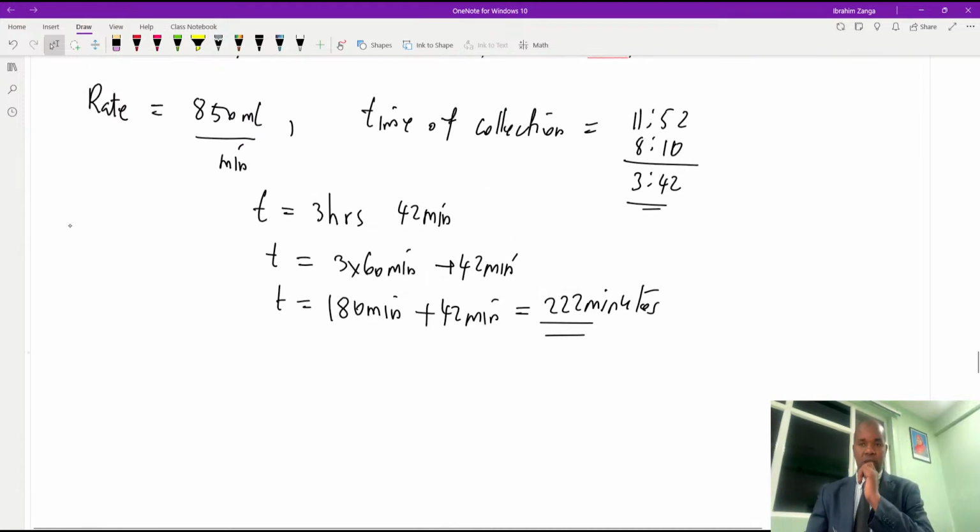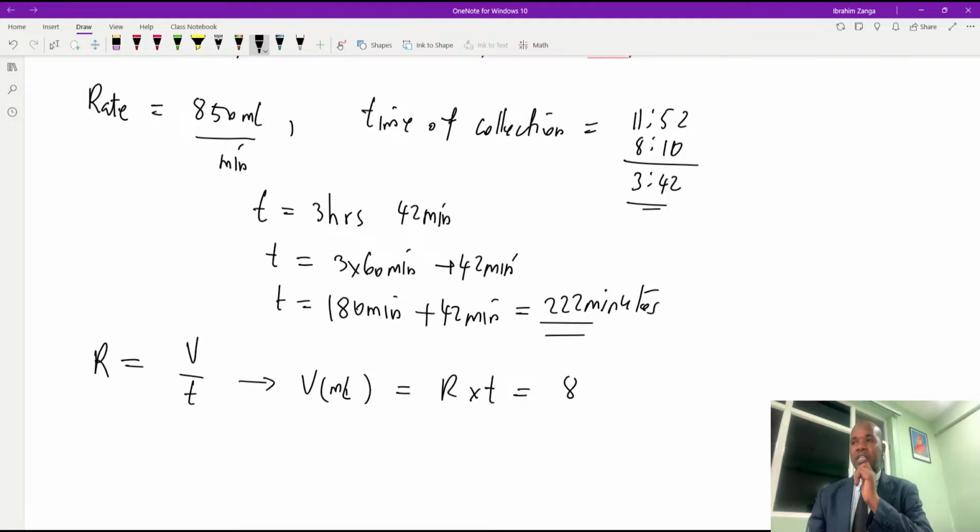And so we are going to consider the volume. Rate will be volume of water collected divided by time. So volume for the time being in milliliters, I'll be taking rate times time.